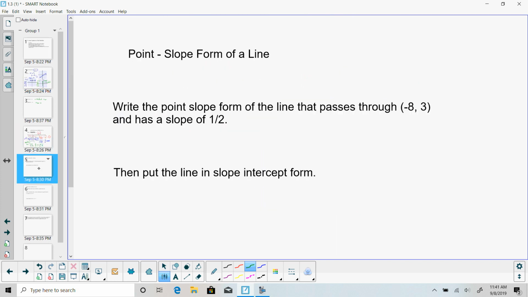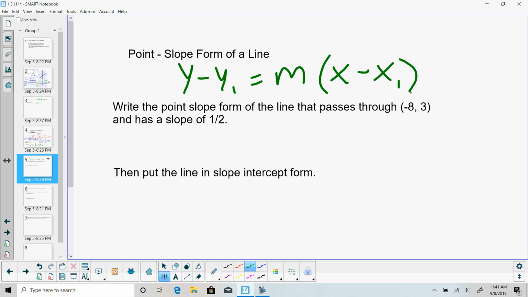All right, let's talk about point slope form of a line. So that's y minus y1 equaling m, our slope, times x minus x sub 1. All right, and this first example says write the point slope form of the line that passes through -8, 3 and has a slope of 1/2.